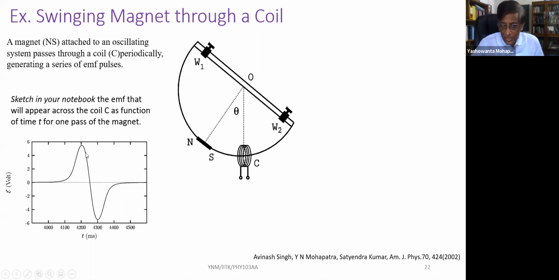So with minus d phi, the sign changes and the EMF becomes negative. Then if it goes completely to the other side, there is no flux change and again the EMF is zero. So the EMF measured across the coil looks like that, which you will measure in the lab.